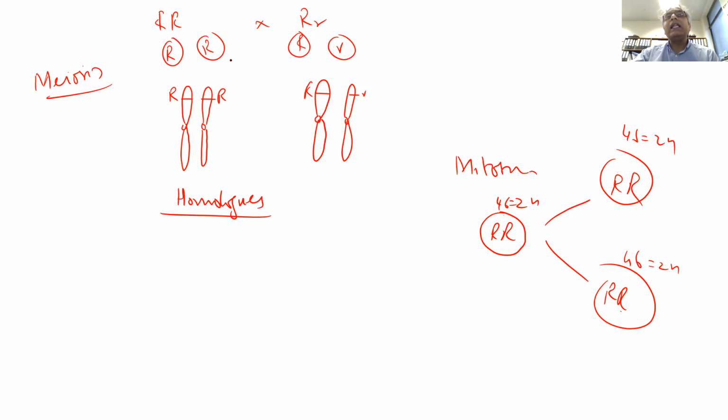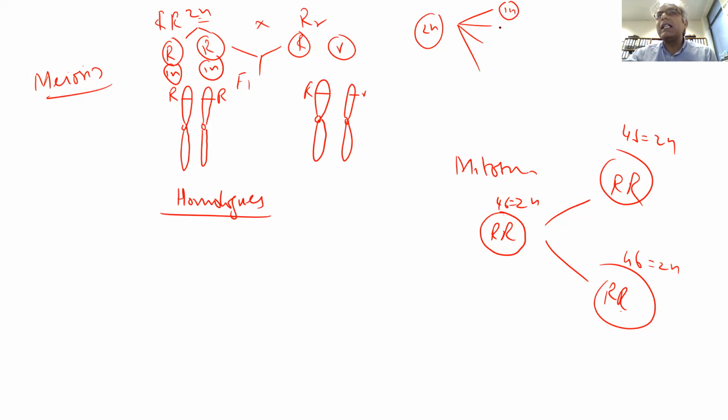However, when parents contribute to the progeny, the F1, we know the diploid cells undergo meiosis and haploid cells are produced. So one diploid cell gives rise to four individual cells, each with half the number of chromosomes, and we call them haploids.